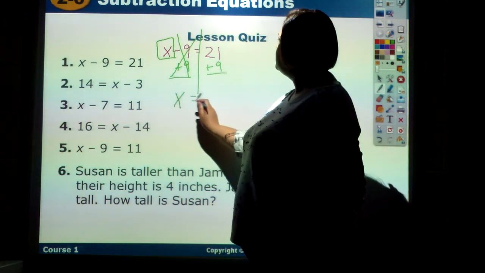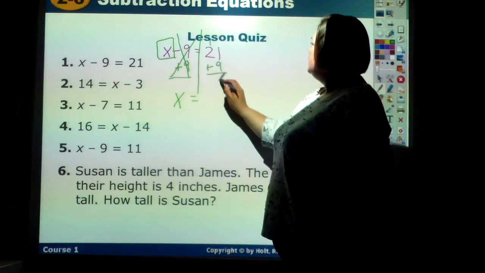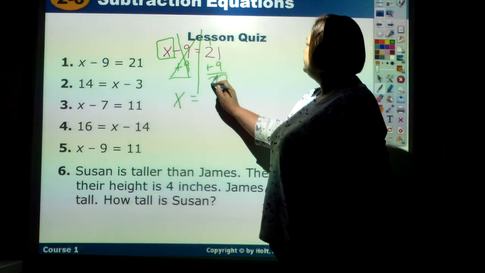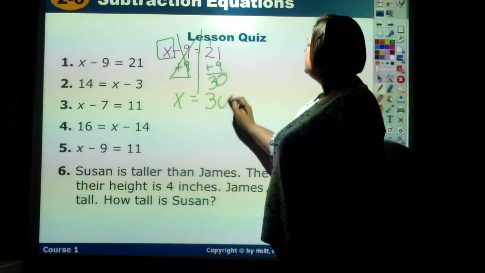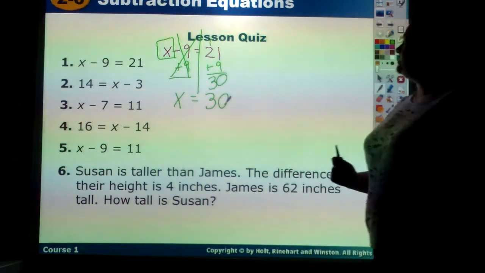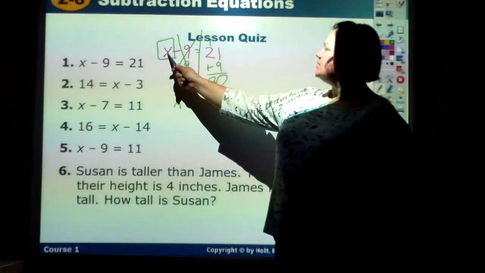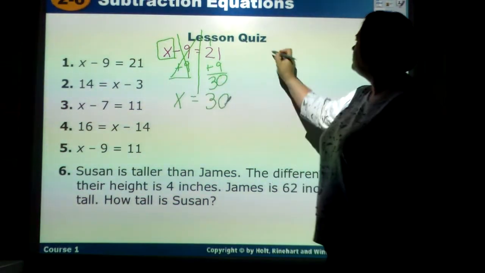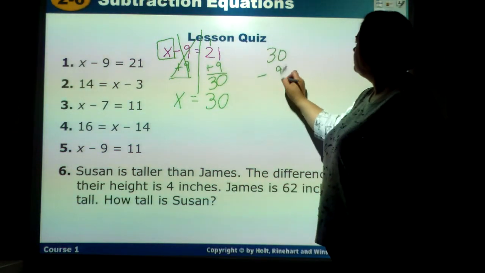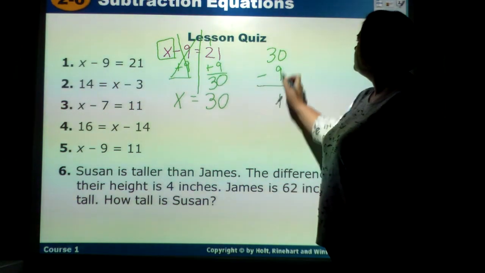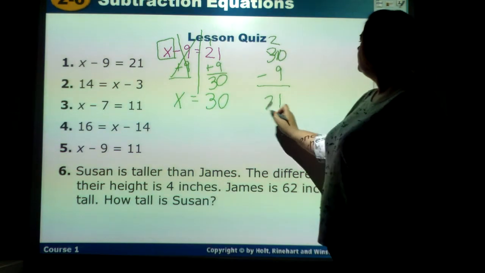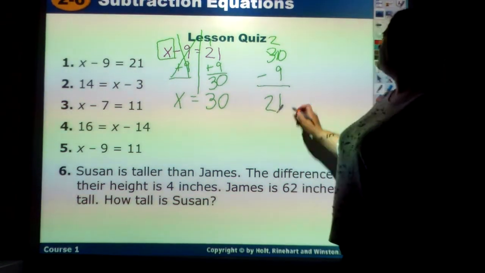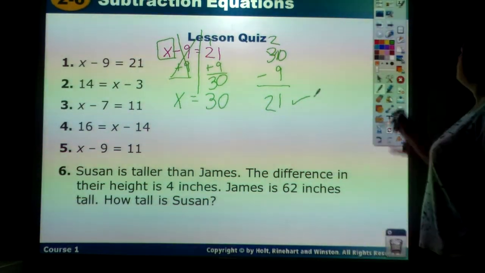I'm left with just X equals 30. If I check my answer, I can put this 30 in the place of X. 30 minus 9 equals 21, which is the same thing I already got there.